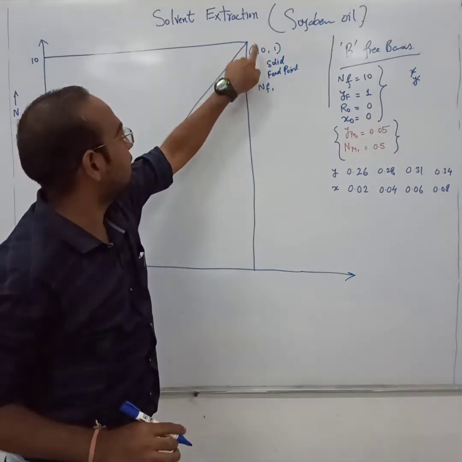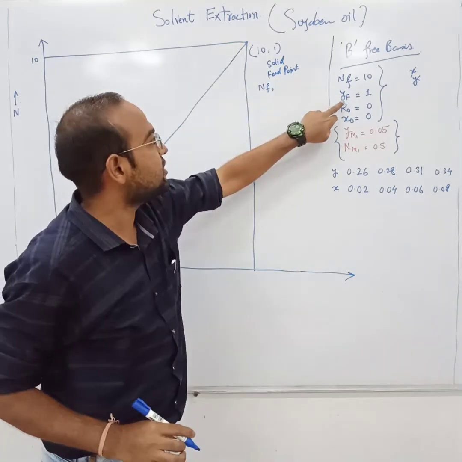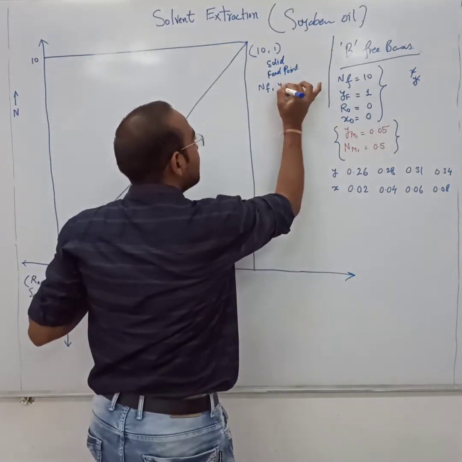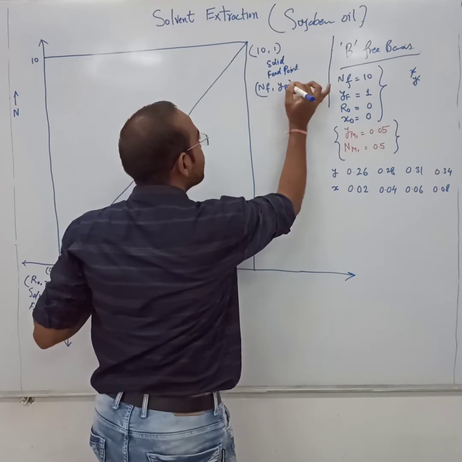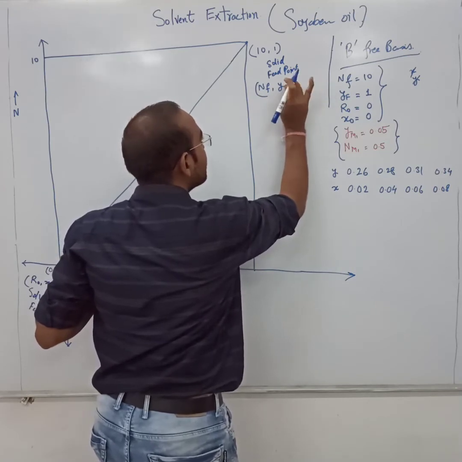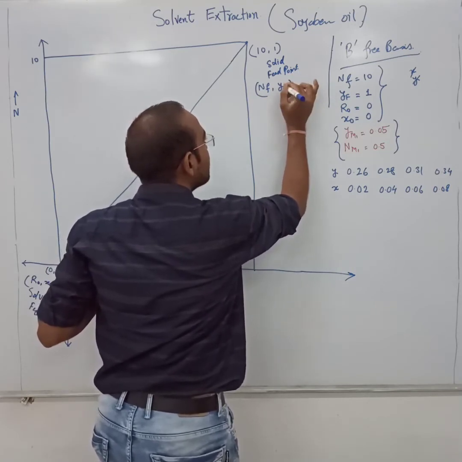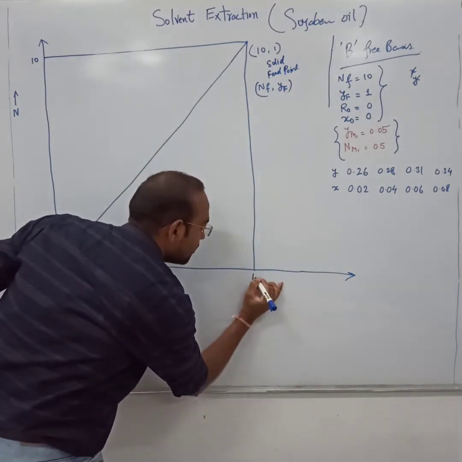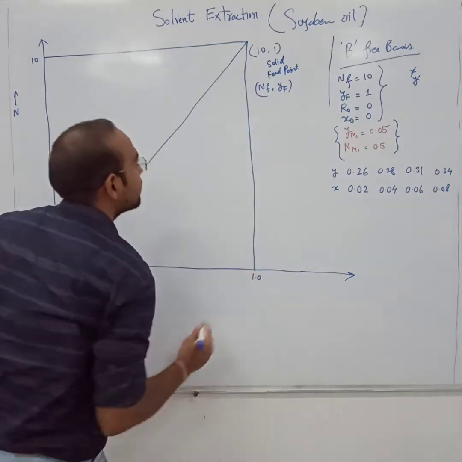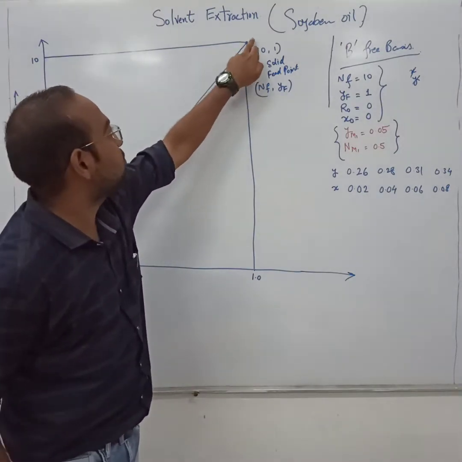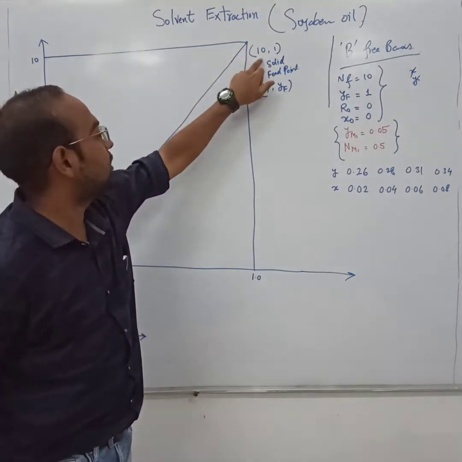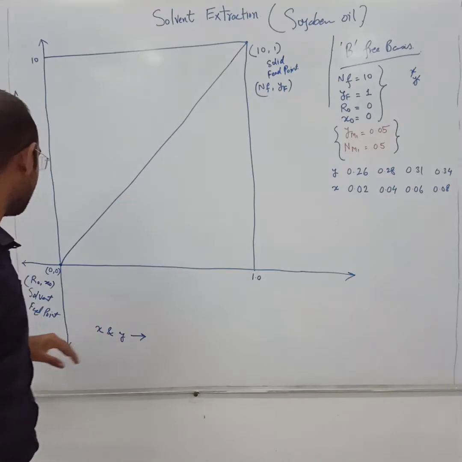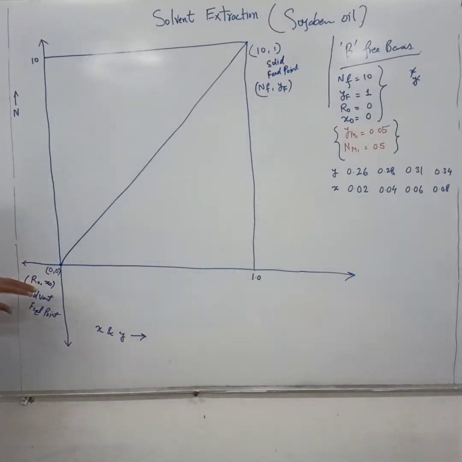So this is the value of NF, and the second one is YF. YF is 1. So this is the value of your 1.0. Okay, so that's why you get this point 10 on the vertical and 1 on the horizontal axis, and this is your starting point of 0, 0.